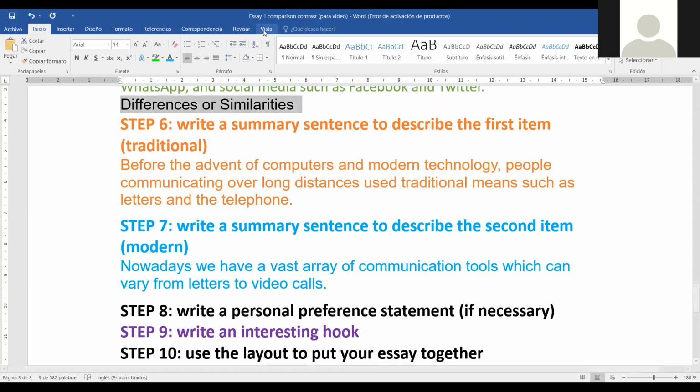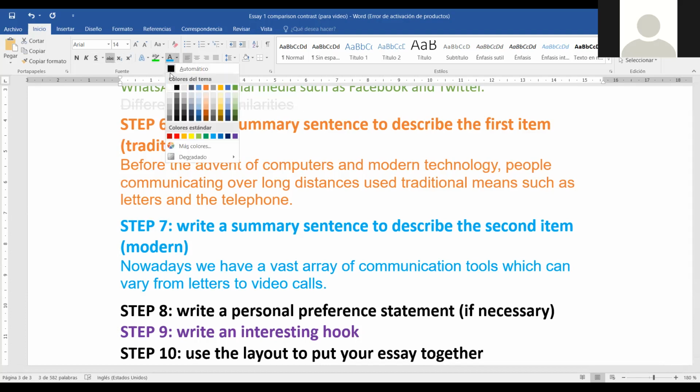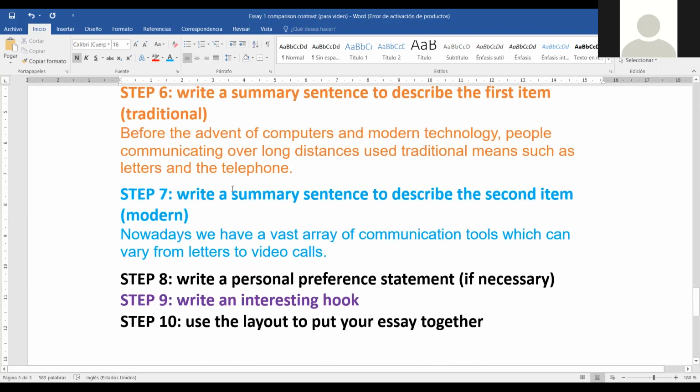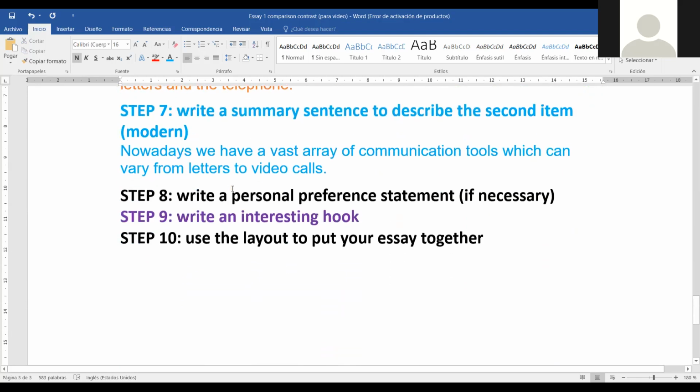No. Steps 6 and 7, you only write about the topics. So this is no. Don't confuse it. Most students confuse this part. Okay. So then you have step 6, step 7.